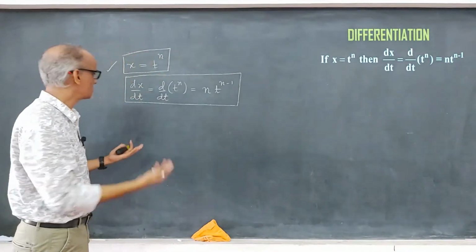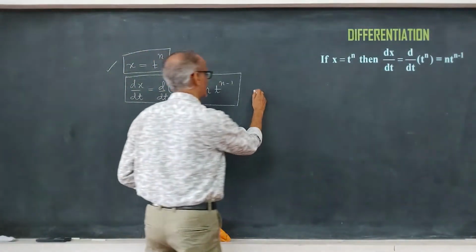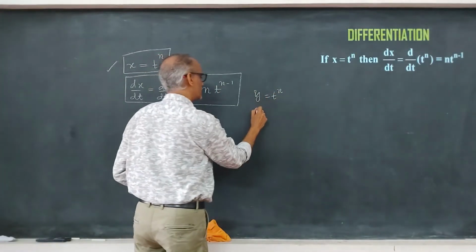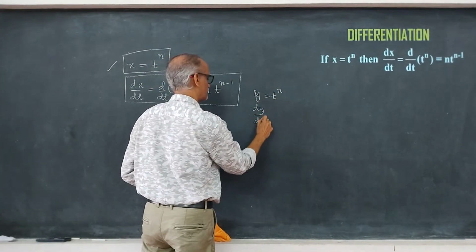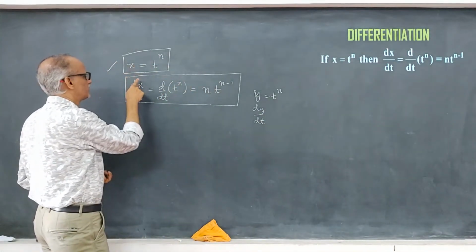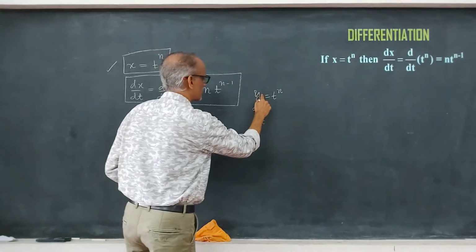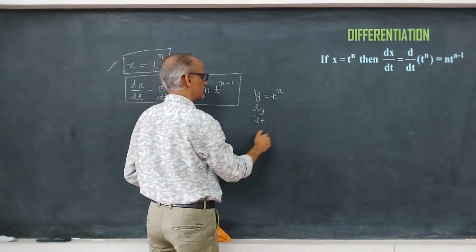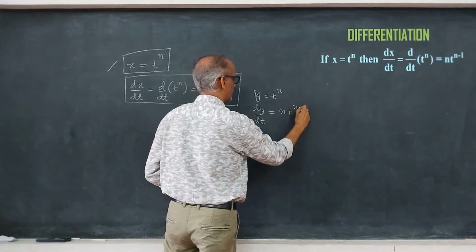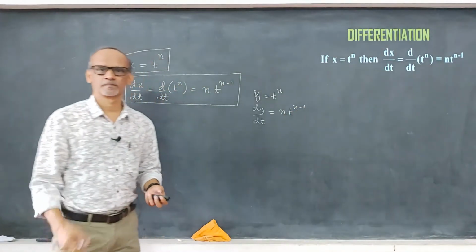Similarly, I can write like this. Imagine if y is equal to t to the power n, then I can measure dy by dt. Here it was x, so that's why we measured dx by dt. Now if it is y, then I can measure dy by dt. What is dy by dt? It is the same thing. dy by dt is nothing but n into t to the power n minus 1.